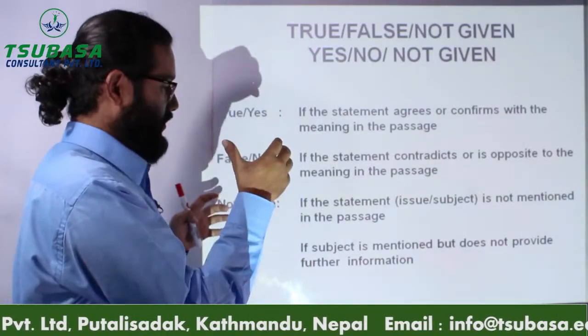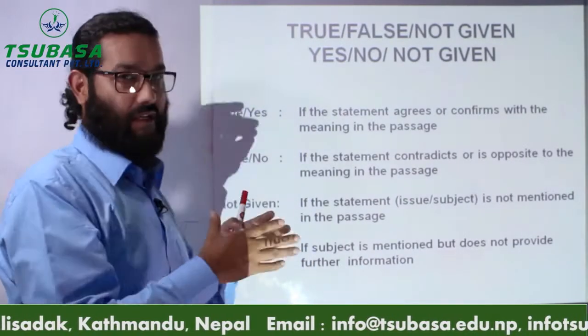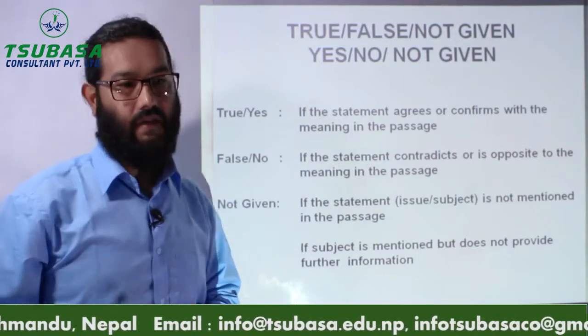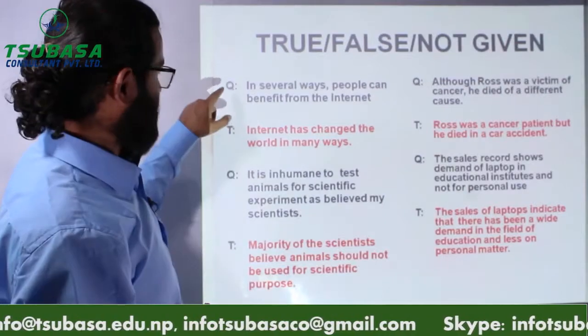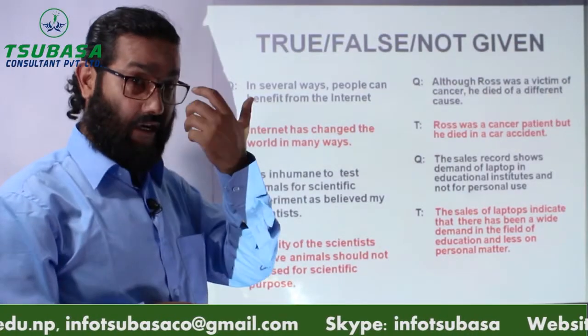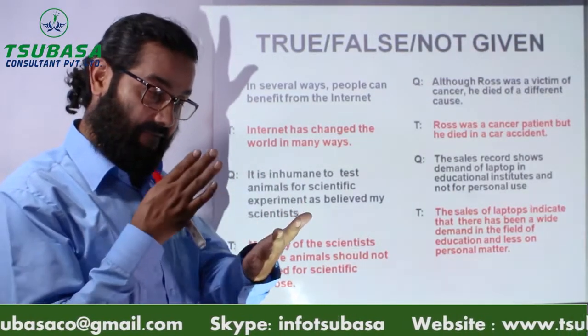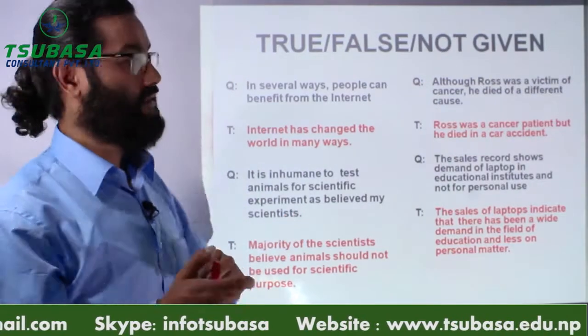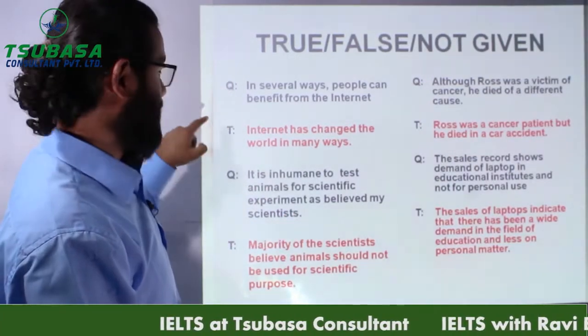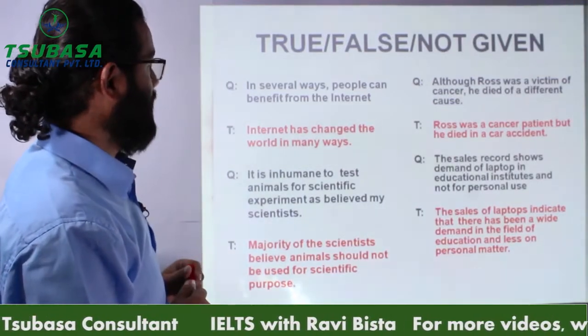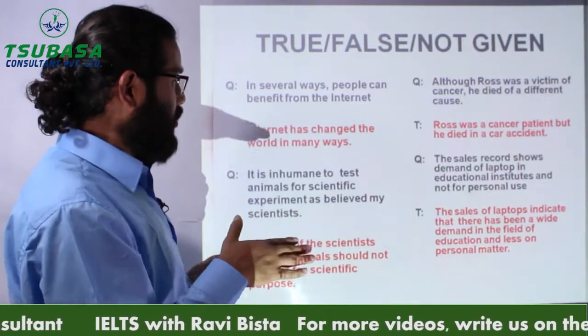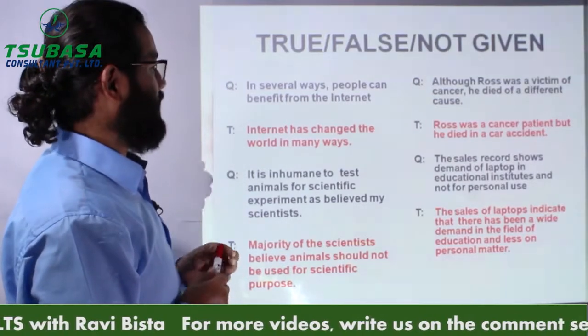Okay, let us use this principle and deal with the matter. Here we go. Because when you read a question, first you have to understand the question and find if the meaning is similar to the text. So I have Q means question, T means text. First let us understand this: in several ways, people can benefit from the internet.